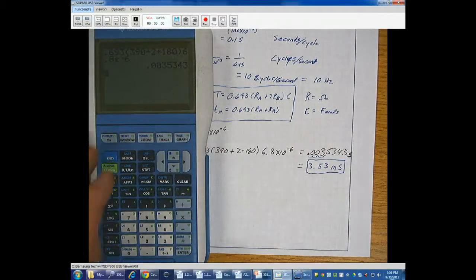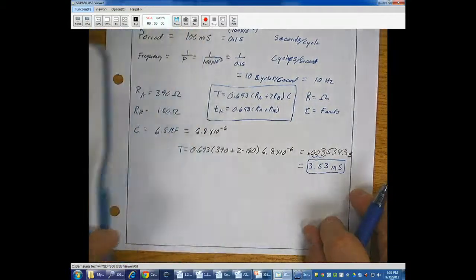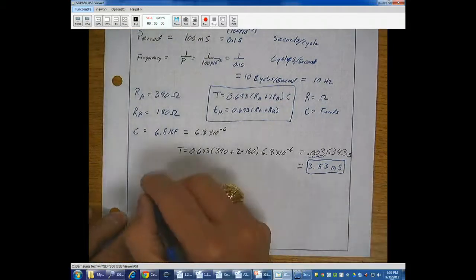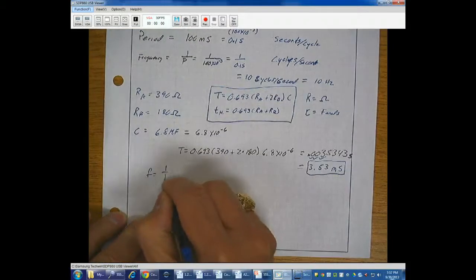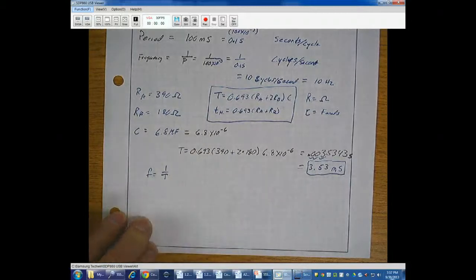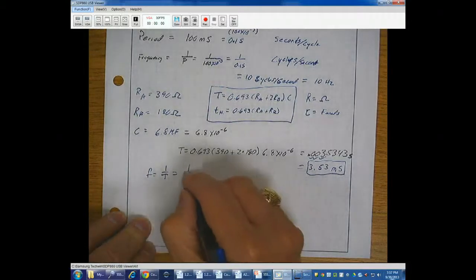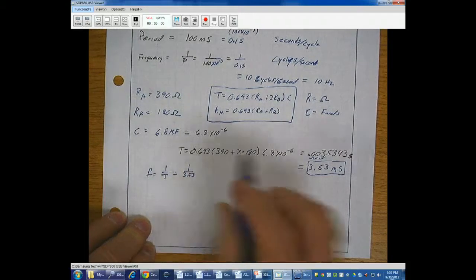Now here's what I was saying in the other video about calculating the frequency. Typically I'll have people say, okay, the frequency is 1 over the period. They are inverses of each other, and they would typically try to put that in as 1 over 3.53. That would be incorrect.